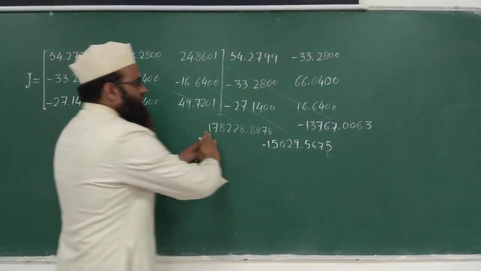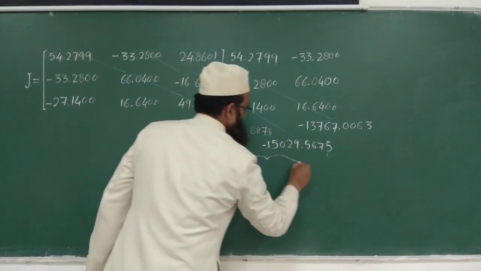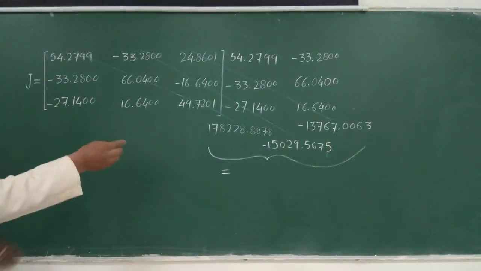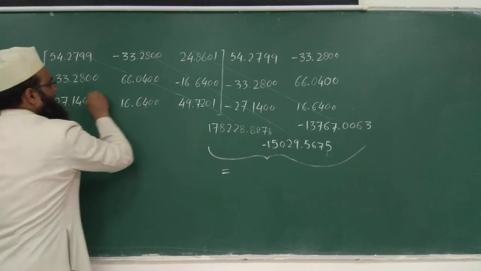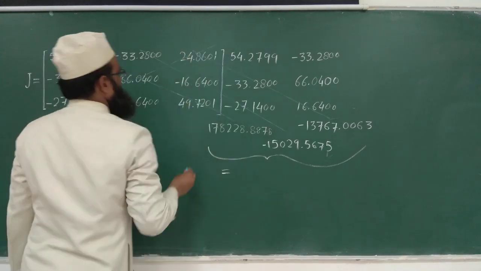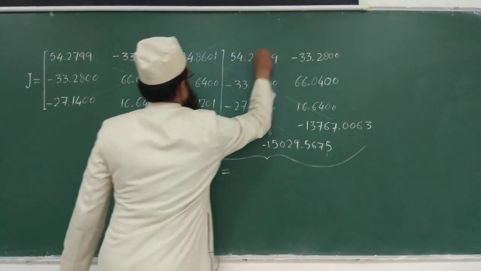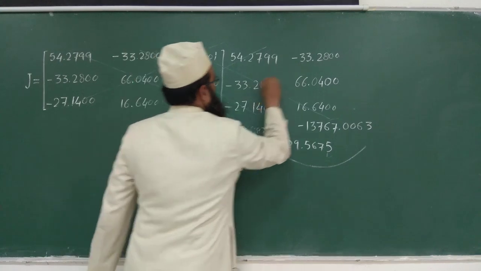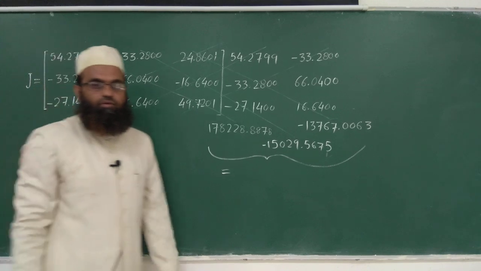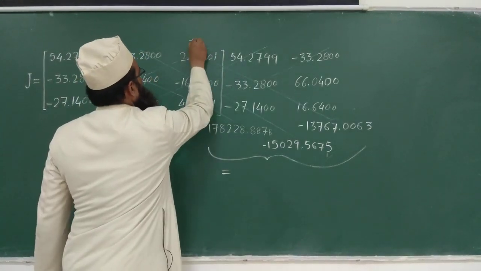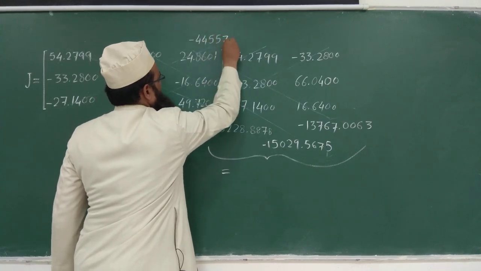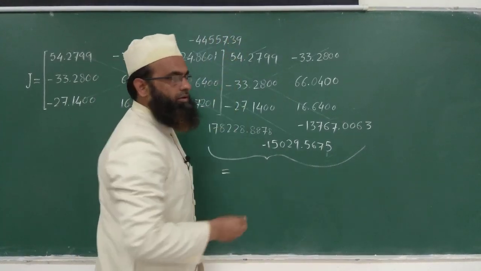Now take the sum of all these three elements, this plus this plus this. Before that, similarly, make one more diagonal like this and take the product of this into this right here. Similarly, this and this. So tell me the values of this into this into this. Minus 44,557.3937.